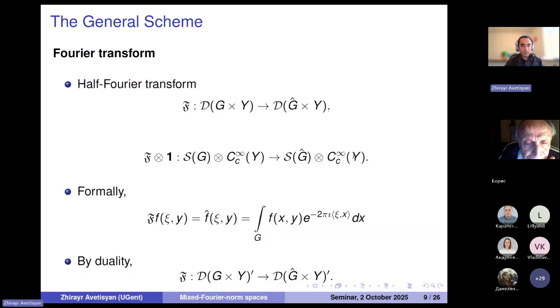Or we can write it down in the integral form, the third displayed formula: f hat of xi y is simply the Fourier transform of f x y with respect to the variable x. So you replace x by xi and y stays as it was. It is the irrelevant variable. And then, as usual, the Fourier transform of distributions is defined by duality starting from the test functions.